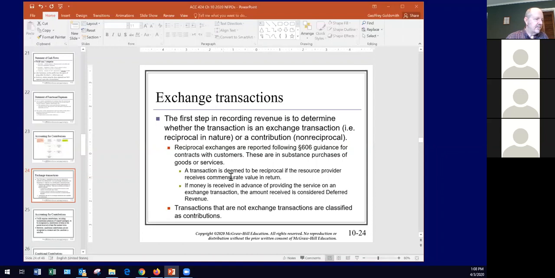That is, its measurement is corresponding to what the resource provider gave. If money is received in advance of providing the service on an exchange transaction, the amount received is considered deferred revenue. Transactions that are not exchange transactions are classified as contributions.